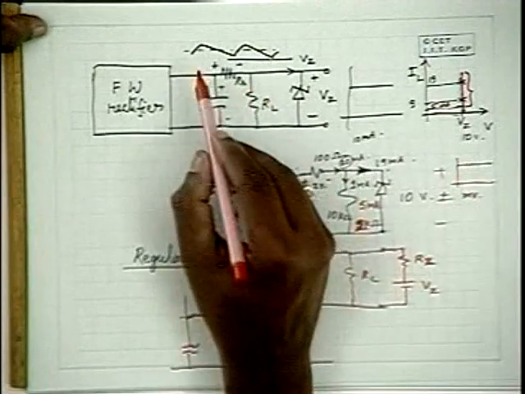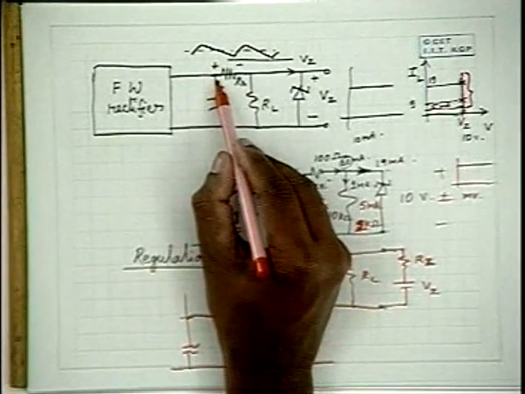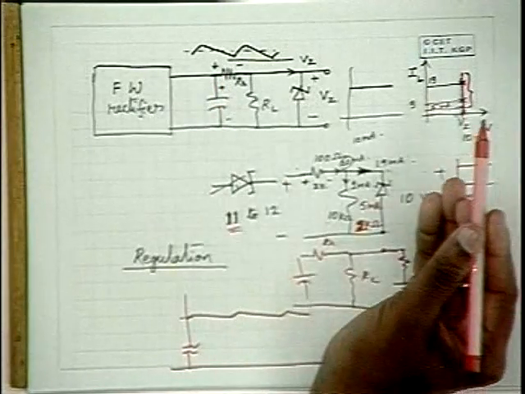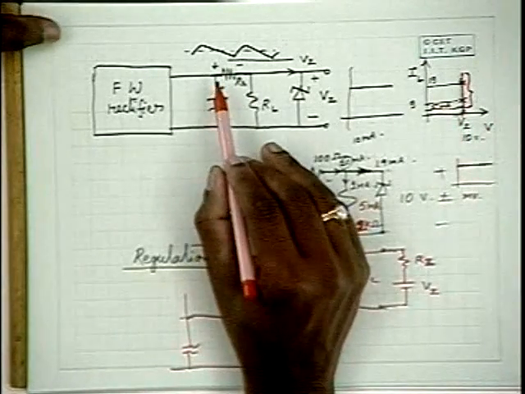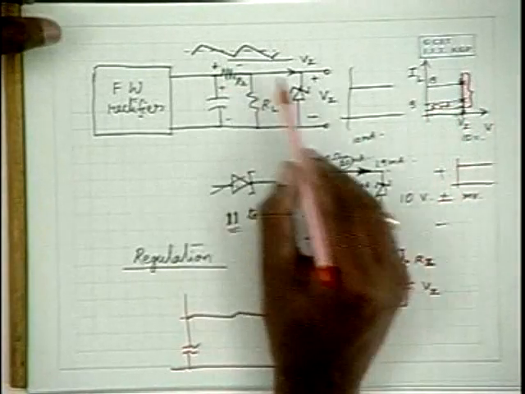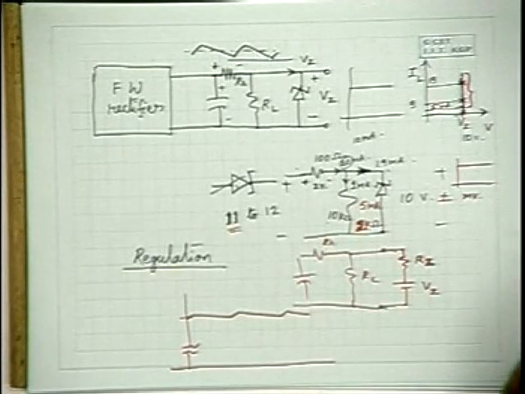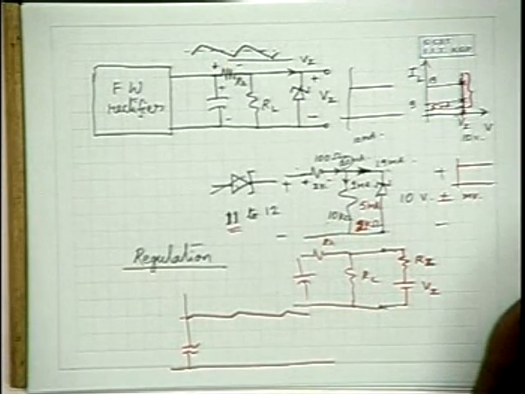That variation comes from the variation at the input. This is ripple: the same ripple over here appears at a much attenuated level in the output, of the order of a few millivolts.